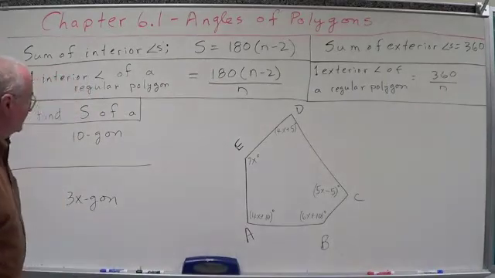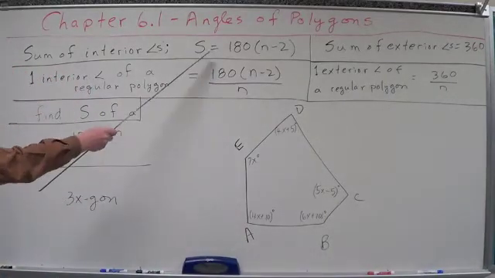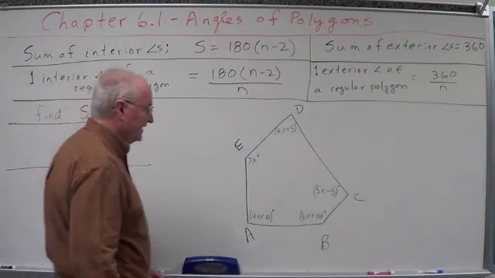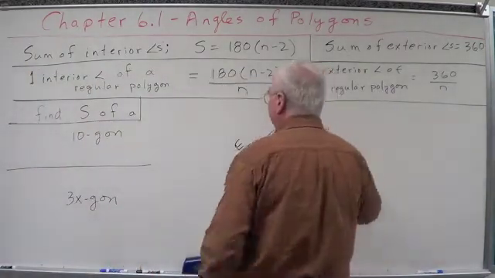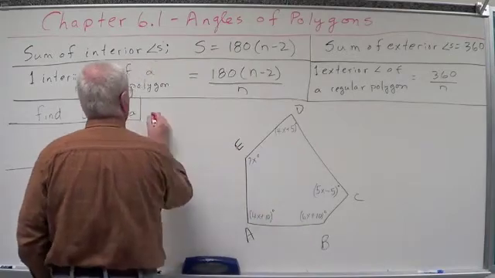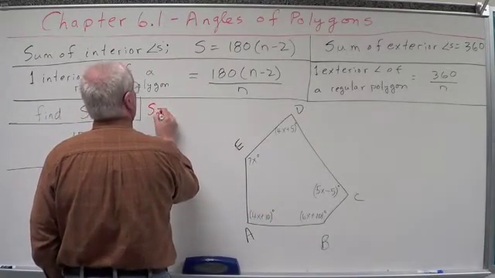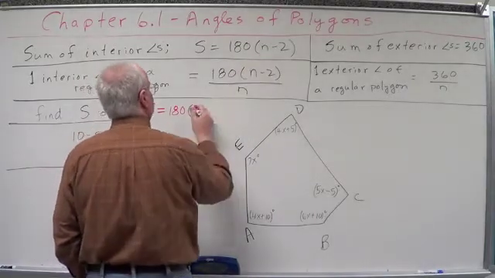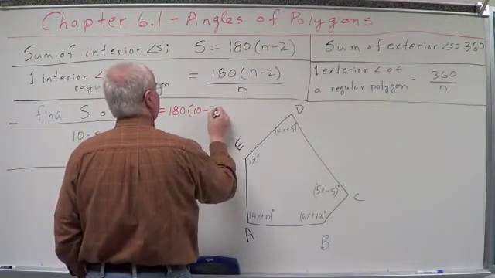So we've got some problems here. Find S of a tengon. Well, what's a tengon? It's got 10 sides, doesn't it? So S equals 180 times, what's in? Number of sides, minus 2.